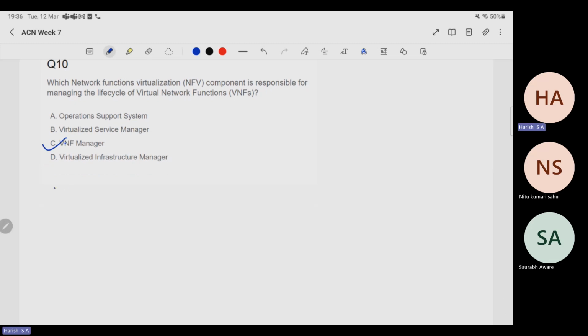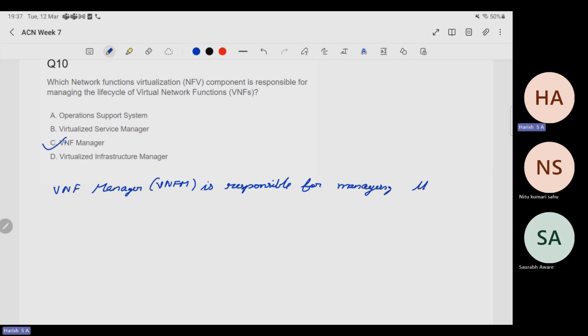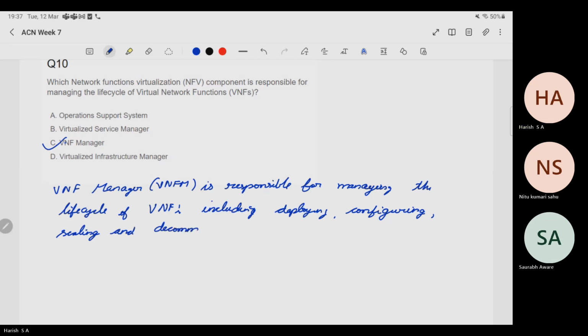The VNF manager is responsible for managing the life cycle of VNFs, including deploying, configuring, scaling, and decommissioning VNF instances.